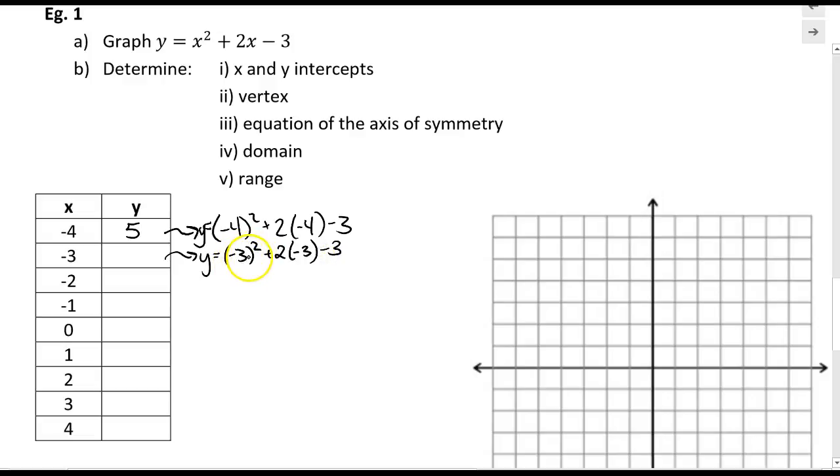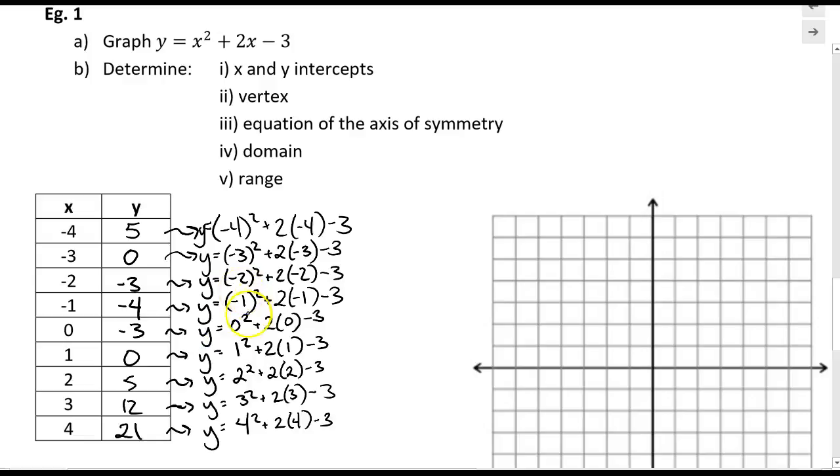Negative 3 squared is positive 9. We're going to subtract 6 is positive 3. Minus 3 is 0. Y equals negative 2 squared plus 2 times negative 2 minus 3. We've got 4 minus 4. Subtract another 3 is negative 3. Oh, and we're going below the x-axis now. And I'm going to keep going.